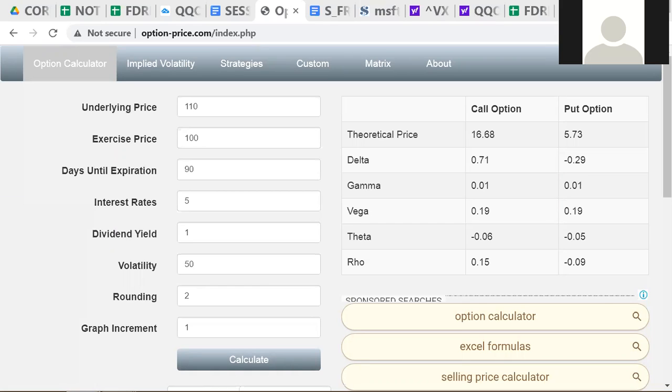I think in between I saw Utsav also raise his hand, but we'll go to Aman next. Sir, according to me, it's 90. It is 90. Remember, the question is, what is the time value of the 100 call? You know the lingo of option markets: if I'm talking about the 100 call, that means that 100 is referring to the strike price.